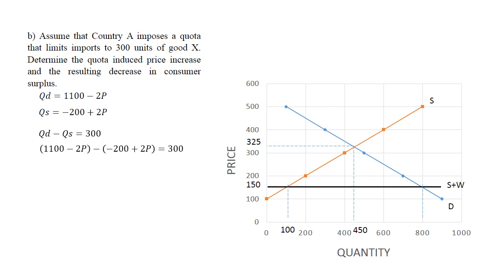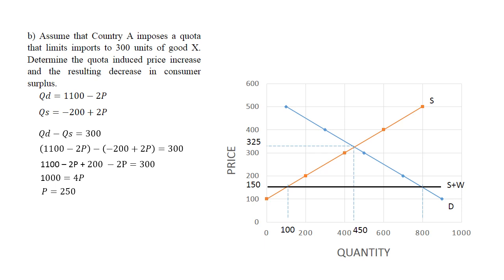So 1100 minus 2P minus, in brackets, negative 200 plus 2P, close the bracket, equal to 300. Then you will get 1100 minus 2P plus 200 minus 2P equal to 300. Then you will get your price equal to 250.